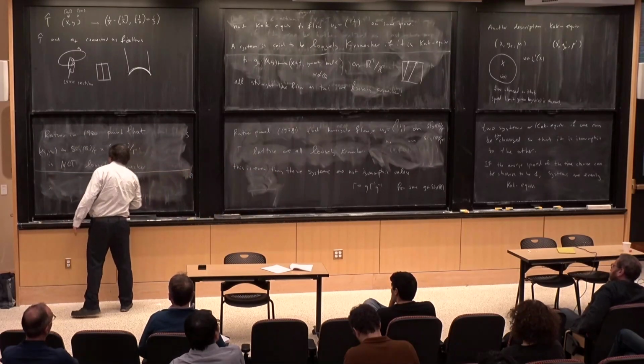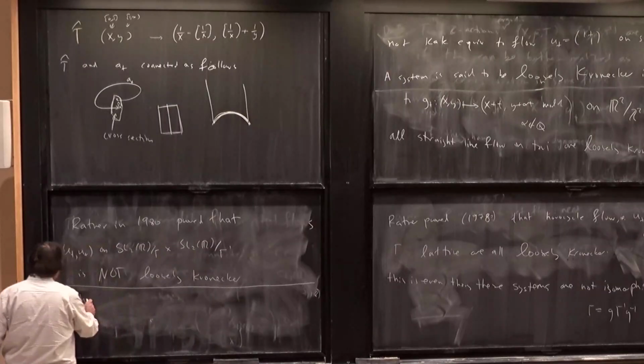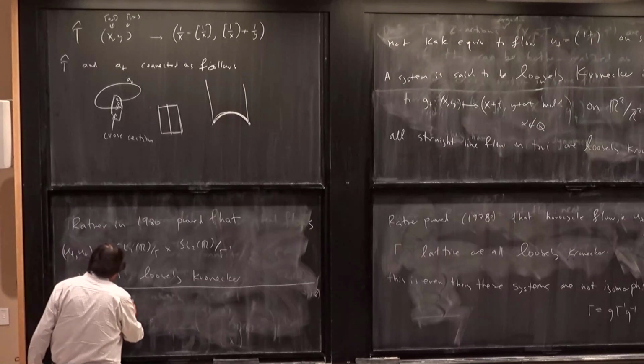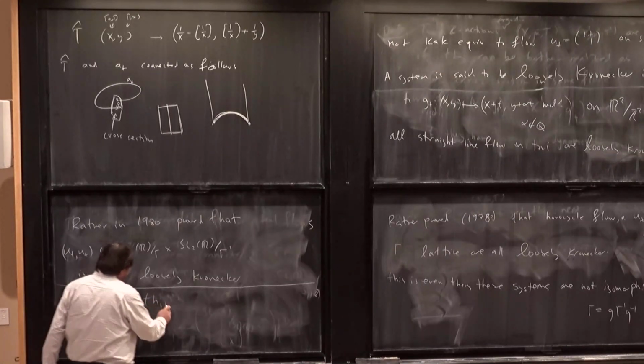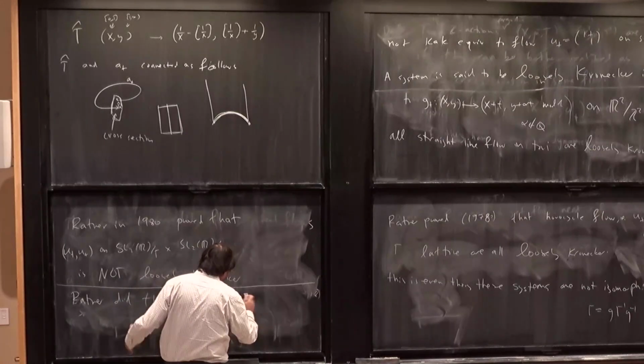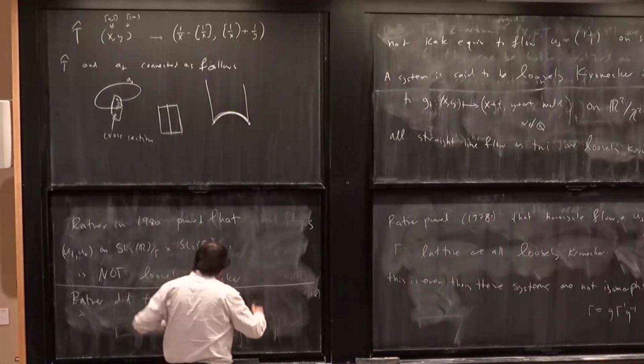Ratner did this by defining some entropy-like invariant, but of course all of these have zero entropy.